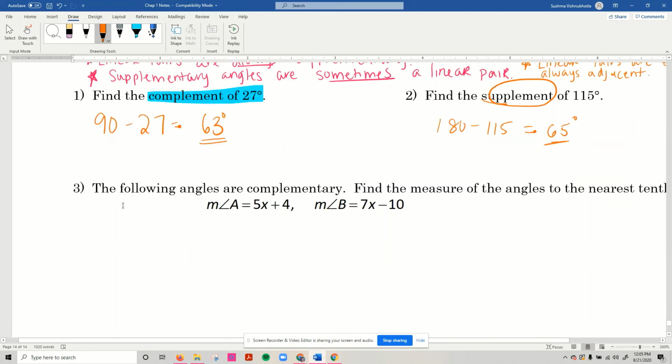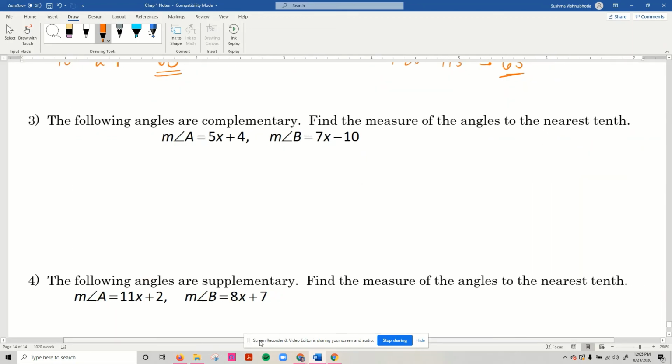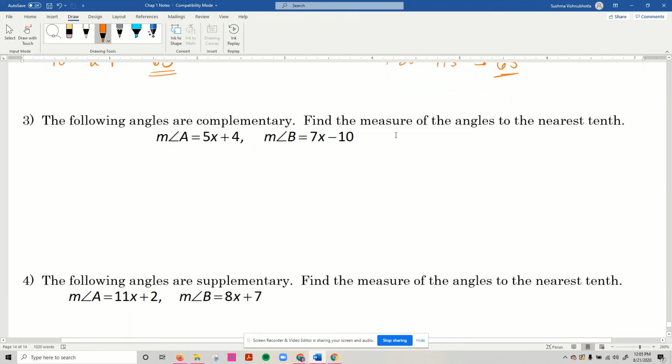Okay? All right. So now we did this in the Kahoot, but the following angles are complementary. So that means the measure of angle A plus the measure of angle B is equal to 90 degrees.